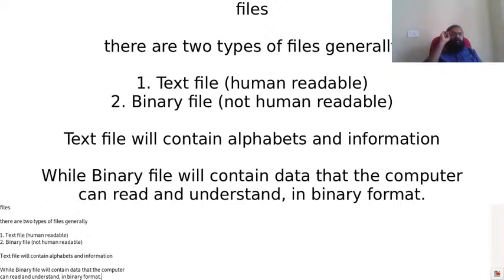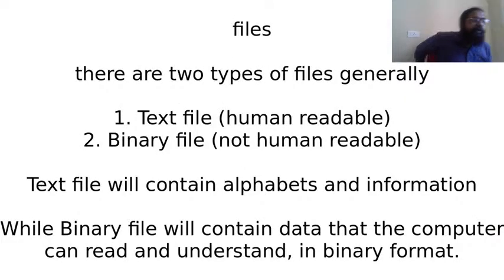So there are two kinds of files: one is called a text file, which is human readable, and another is called a binary file, which is actually not human readable.